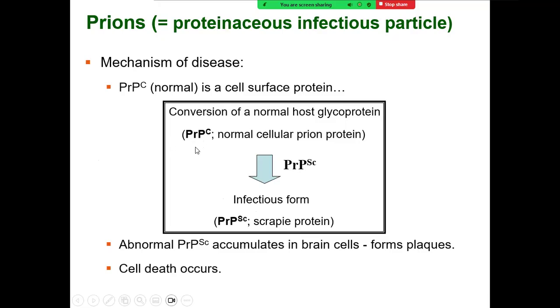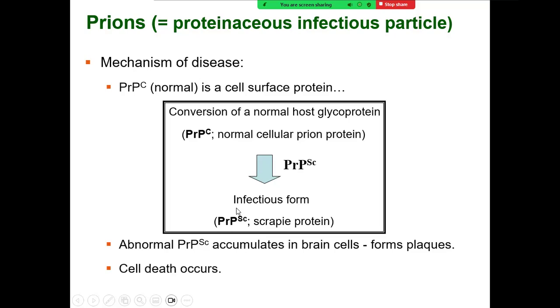So it makes more PrPc protein. However, the cell has two forms of the prion protein in it now. And if either of these come up to the normal protein, it causes this protein to unfold and take on the prion form of the protein.